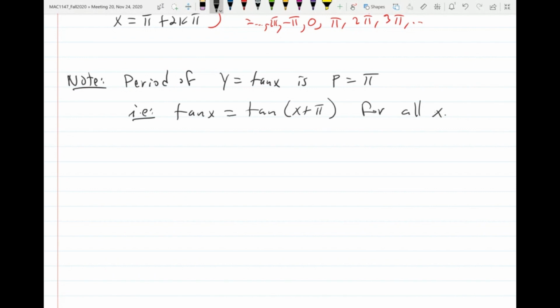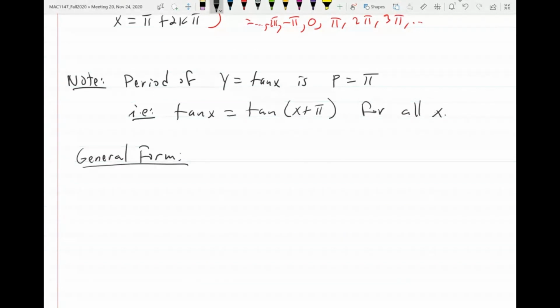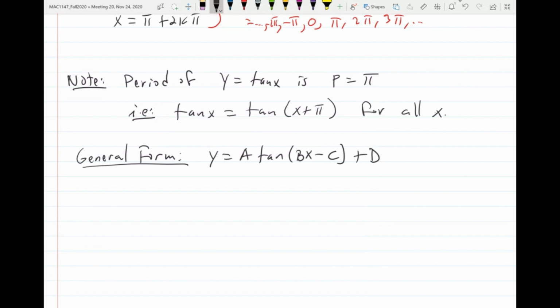So for the general function, so the general form of tangent is going to be a times tangent of bx minus c plus d, with b positive, okay?